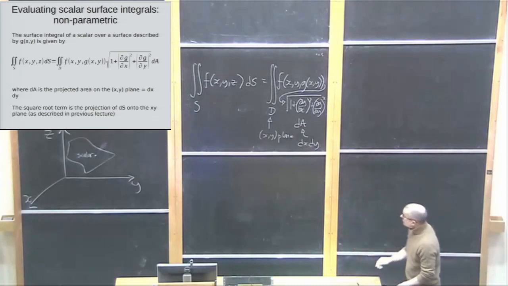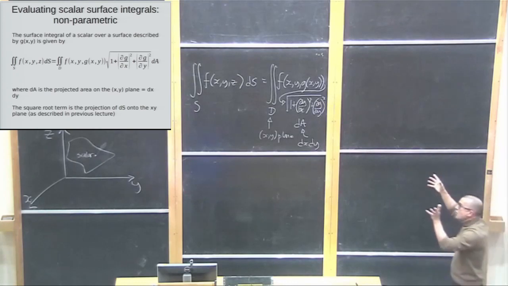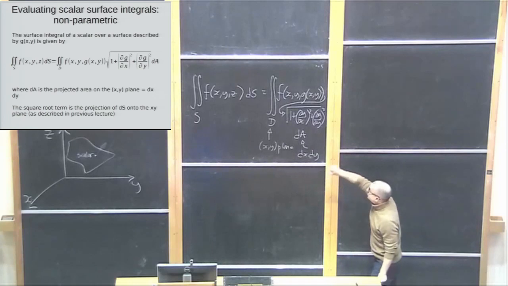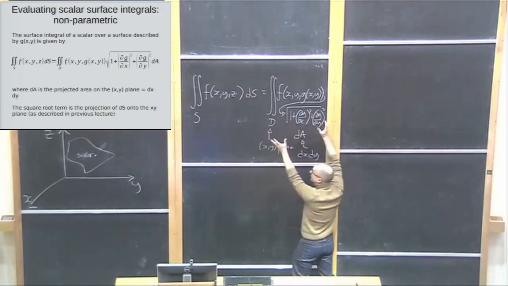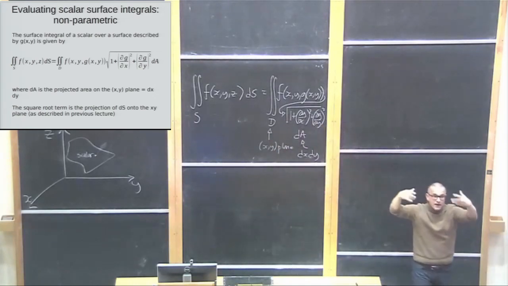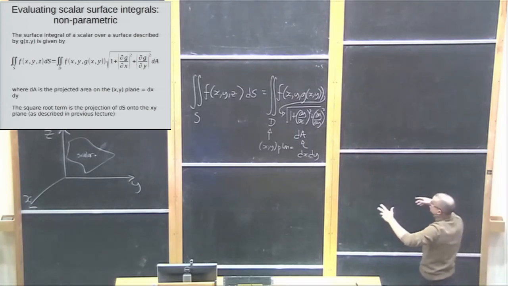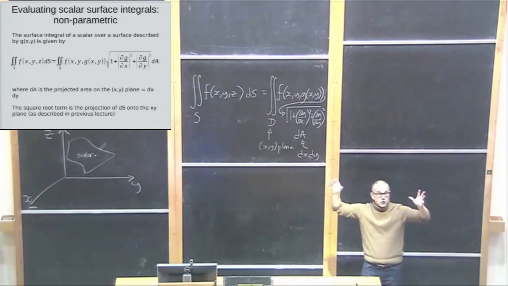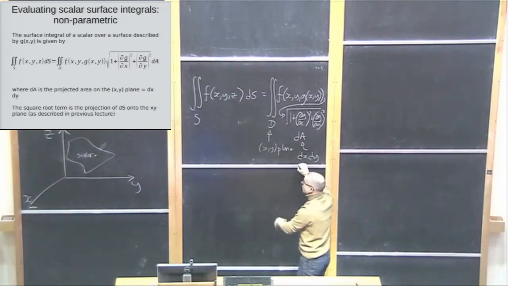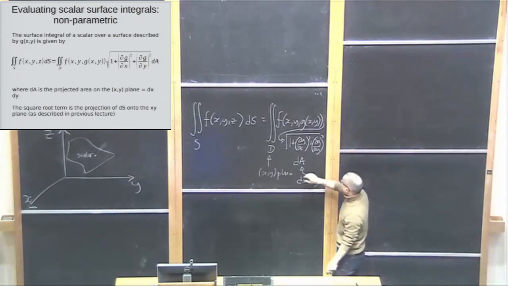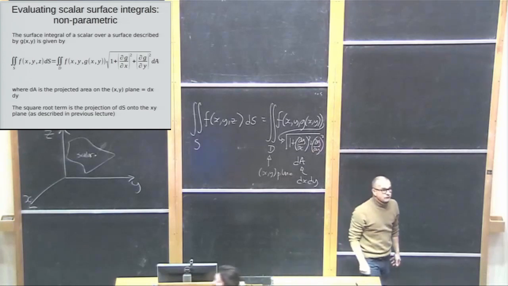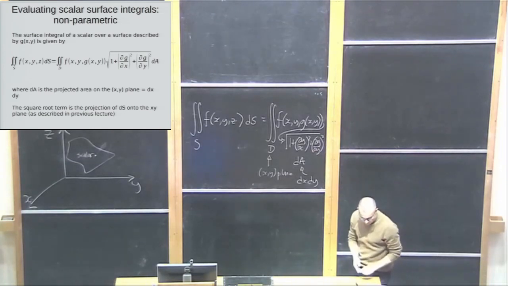What you'll find is that when you're evaluating these surface integrals, you always only have one complicated term. In the case of the scalar surface integrals, your complicated term is your projection factor. In the case of the vector surface integrals, as we'll see shortly, your complicated term is your normal to the surface, which you have to dot product with your vector field, because in the vector case this projection term, this area term, cancels out, as we discussed yesterday, with the normalization of your normal.